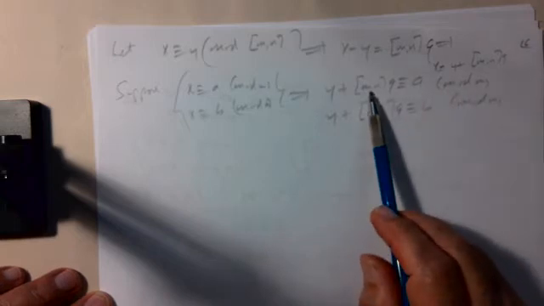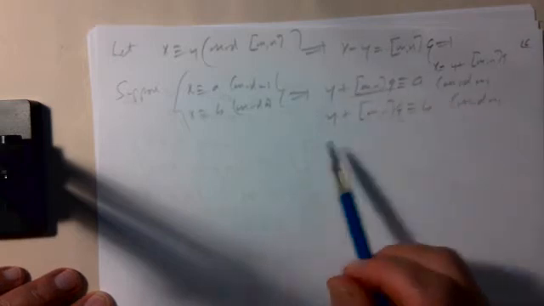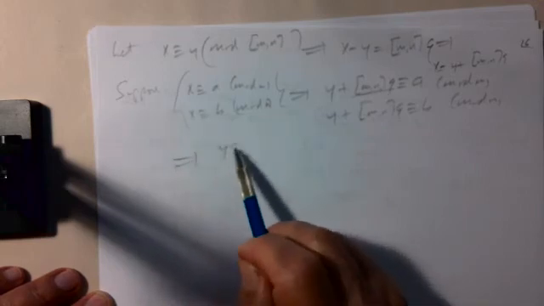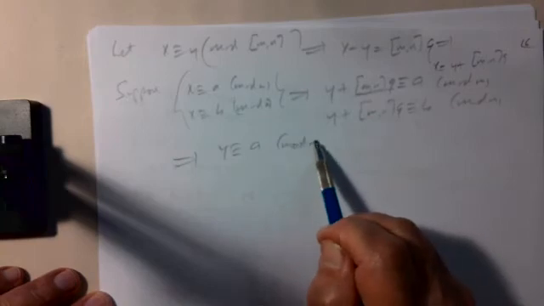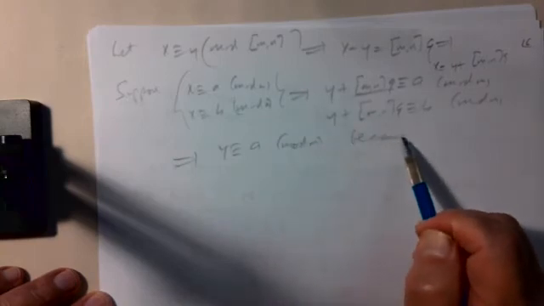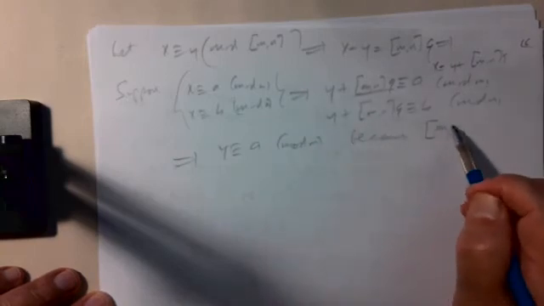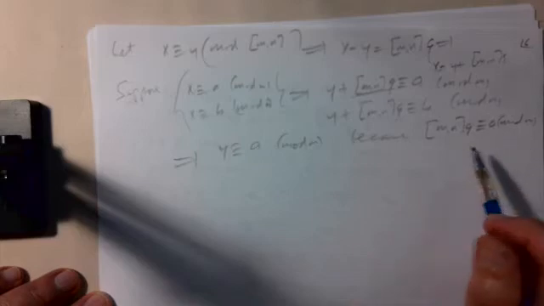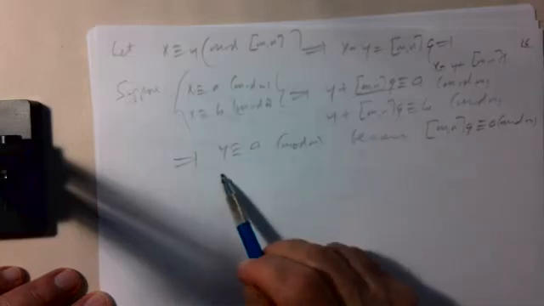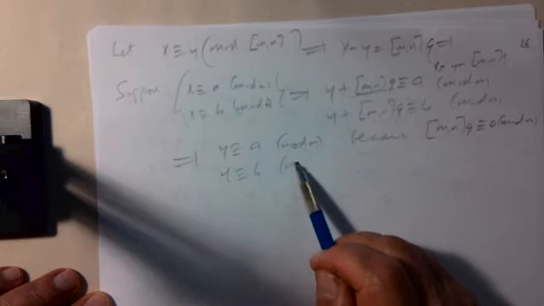But this is divisible by m, so this is 0 mod m. So y is congruent to a mod m, because the least common multiple of m and n times q is congruent to 0 mod m, because this is a multiple of m. And similarly, y is congruent to b mod n.